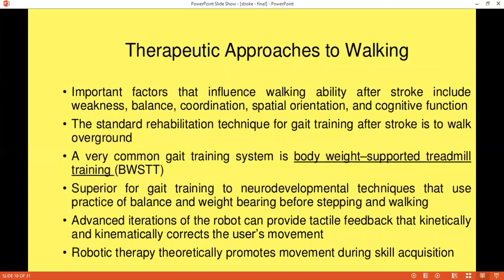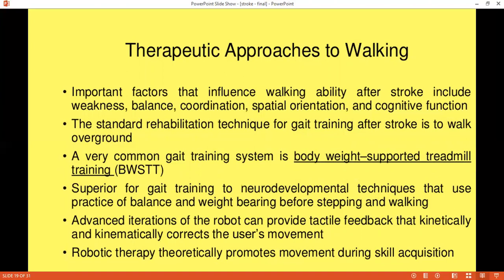Therapeutic approaches for walking, especially body weight support treadmill and balance master. These are all therapeutic devices which will help to improve mobility, especially to improve gait and balance. The standard rehabilitation technique for gait training after stroke is overground walking.